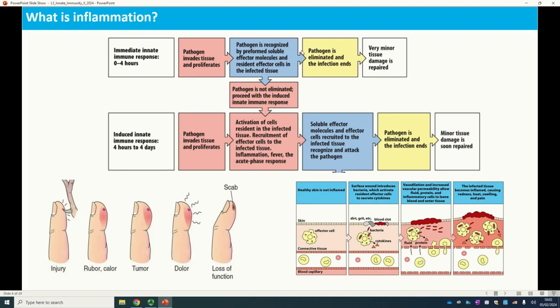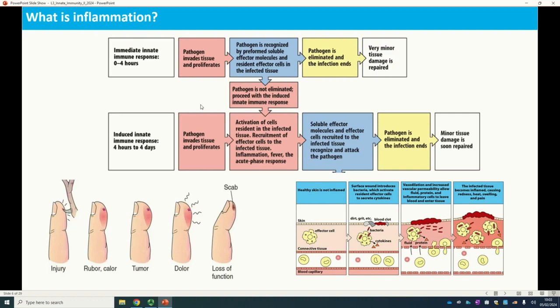And hopefully the pathogen will be recognized by these preformed soluble effectors that we have, but also the resident effector immune cells. And then, with any luck, that pathogen will be eliminated, and there'll just be some very minor tissue damage. But if it's not, we can then bring in the induced innate immune response.